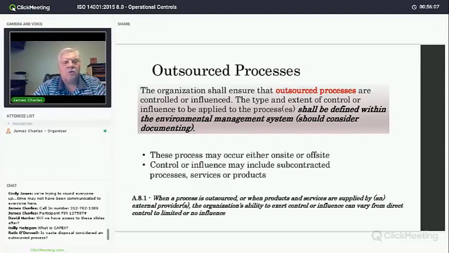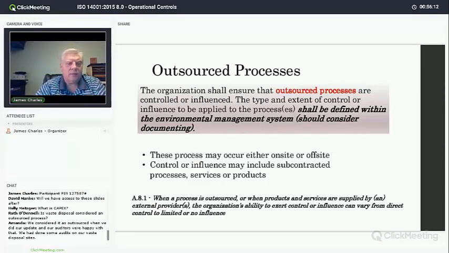So there may be outsourced services over which we have no control or influence. Let's say our friends at BMW tell us, you shall use Joe's plating to plate our parts. That really limits our degree of control over that, at least the selection of that supplier. Now, there may be other things that we can do to control or influence that process, and we'll talk about that.